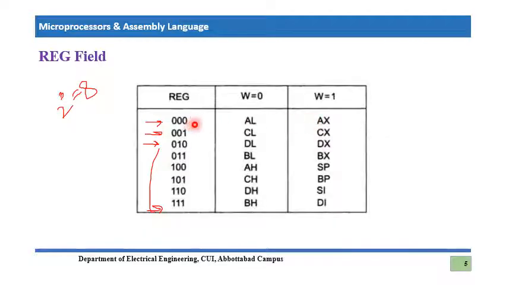This 000, which was AL in 8-bit, becomes AX when we consider W equal to 1. Similarly, 101 was associated with CH when W equal to 0, but when W equal to 1, this 101 is associated with the base pointer. These are different codes, and we are going to use them when we convert our assembly language code into machine code.